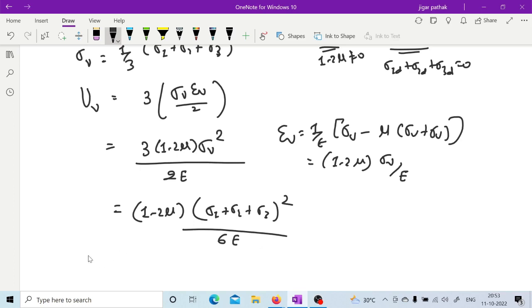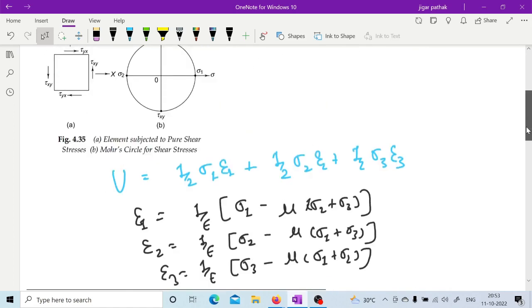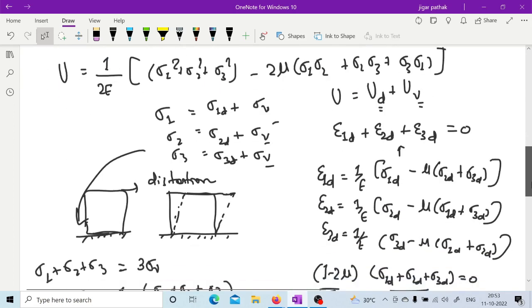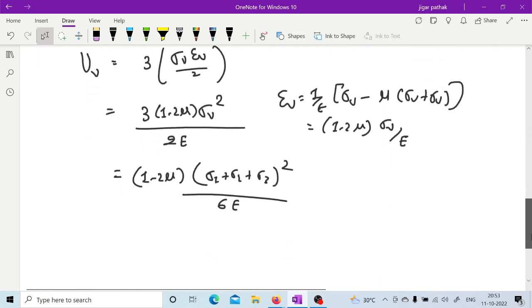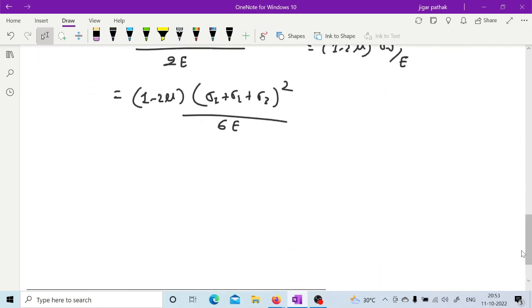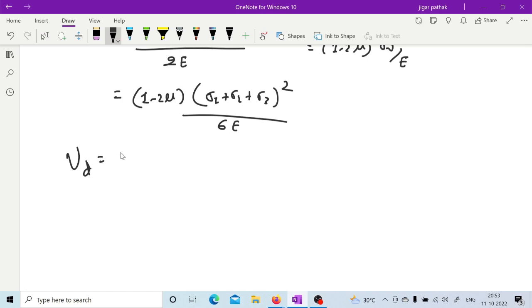Now once you have the value of Uv, and you have calculated U earlier, then you can write Ud, that is U minus Uv.